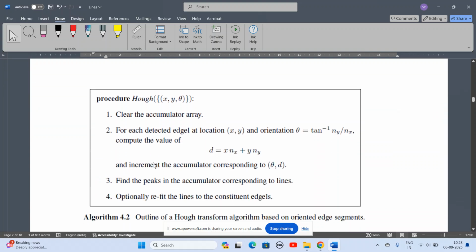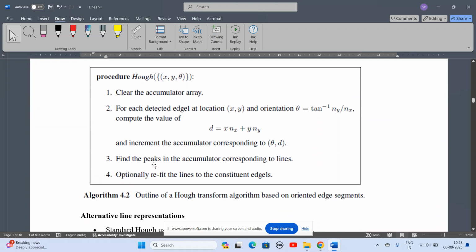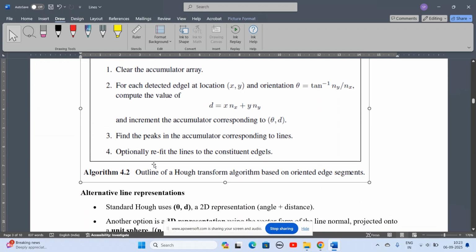Okay, so see this algorithm. First, we are going to create an accumulator array. One more point we have to say: the formula we have taken is x cos theta plus y sin theta. We have to look through all the theta and d. If you know the orientation, then you can change theta to tan inverse of ny by nx.